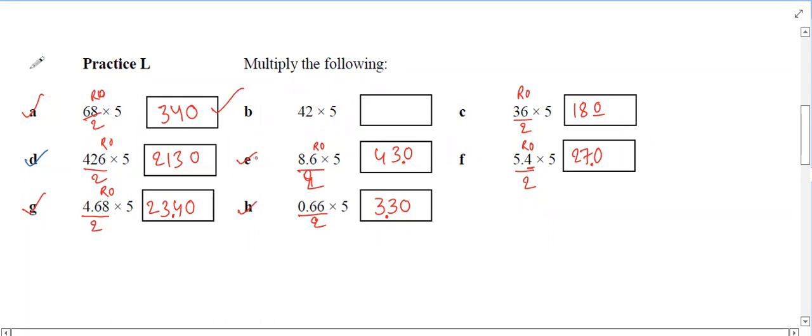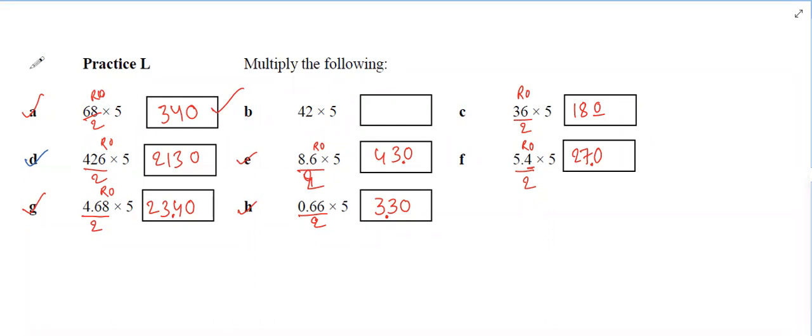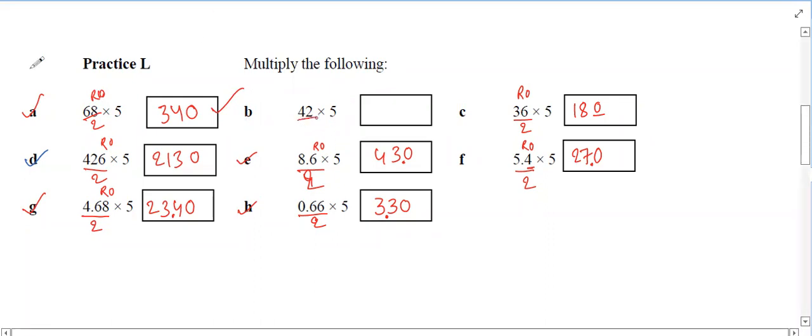Okay. Yashwin. Yes, sir. 42 by 2 is equal to 21. 21 with remainder 0. Last digit will be 0, sir. That's your answer.